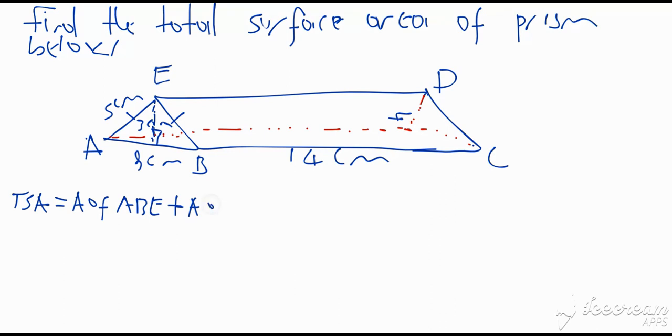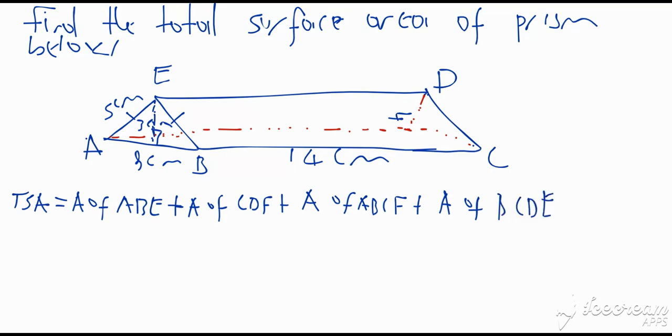Plus the area of CDF, plus the area of the bottom face, which is ABCF. Of course, we have the back and the front. Let us go with the front: the area of BCDE, and then finally the area of the back, which is AEDF.